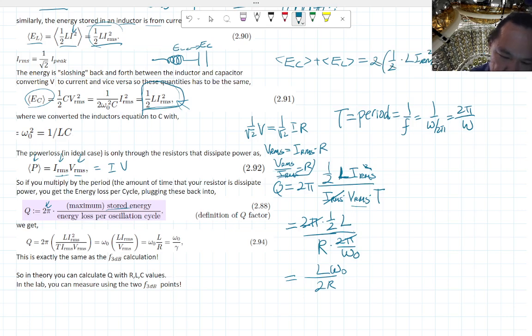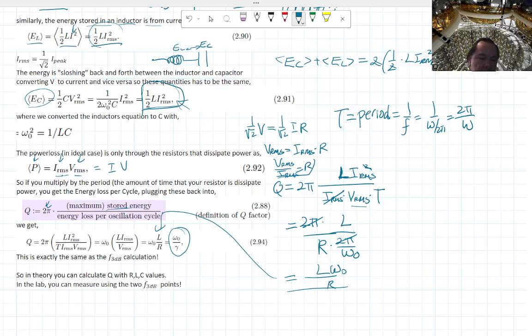So these cancel out this 1/2. I'm going to do a little board erasing once again. So this goes away, and this 2 goes away. Now we have exactly what the textbook does. And R over L, of course, is gamma, and therefore the Q factor is just omega naught divided by gamma.